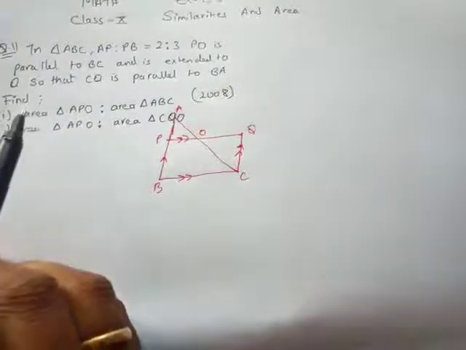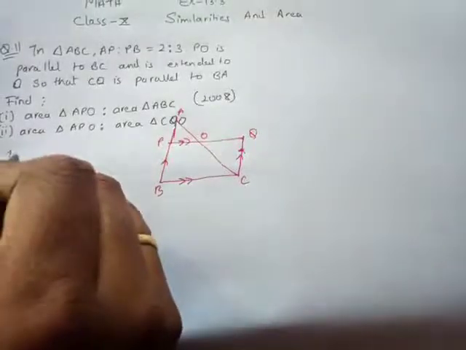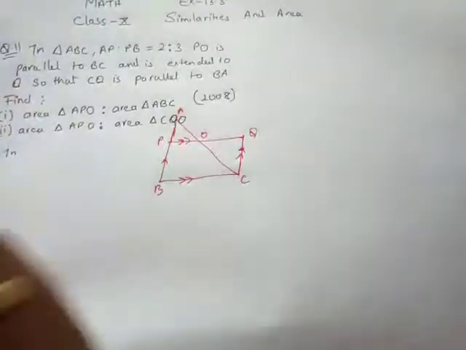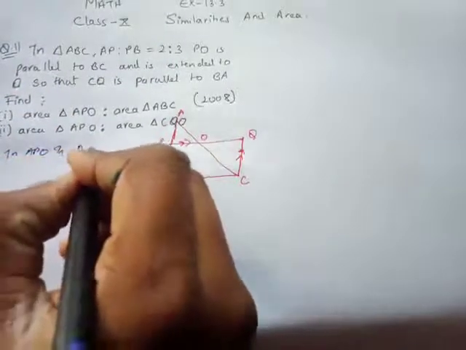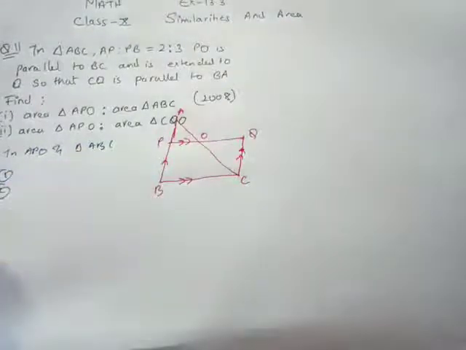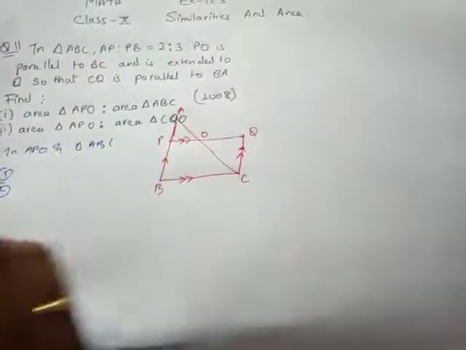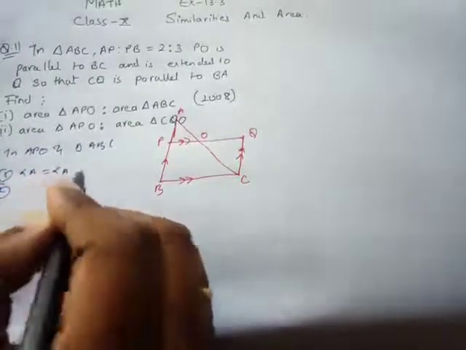The very first thing I'll do, I'll try proving that both the triangles, triangle APO and triangle ABC, are similar. So when I'm proving them similar, I can say angle A is equal to angle A because that's common.